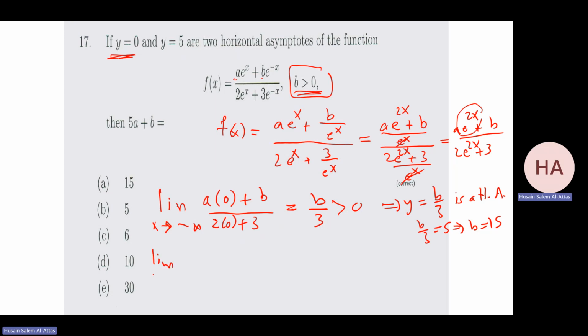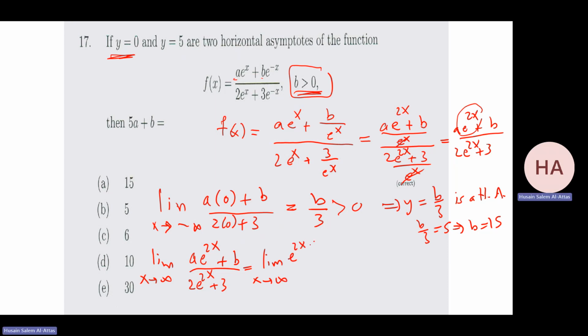Now we'll do the same for x goes to infinity, which means I should get 0. Okay, so let me check what will happen to a. I have this function. I'll do the usual trick where I take e^x as common factor.